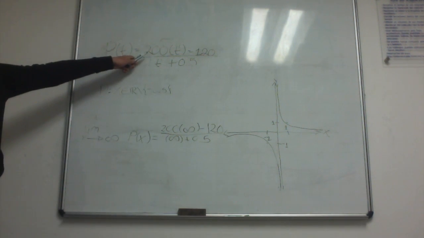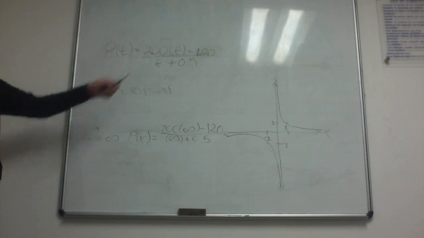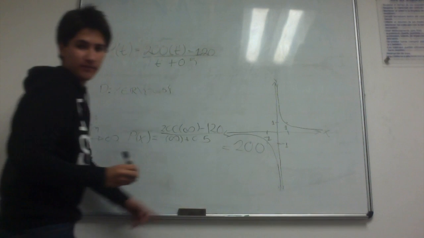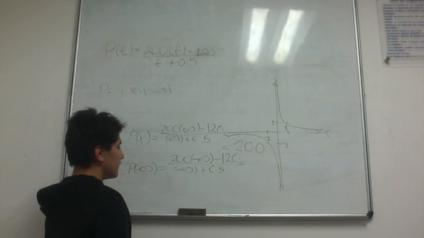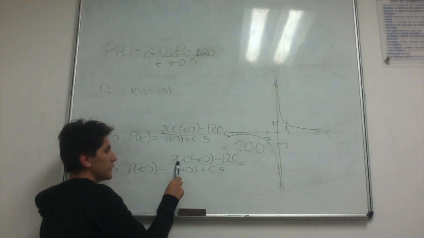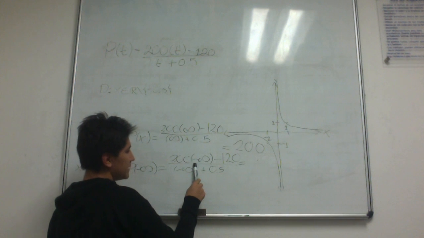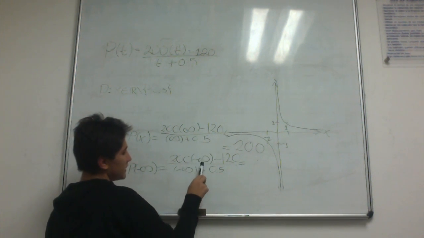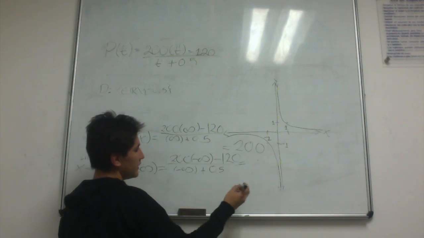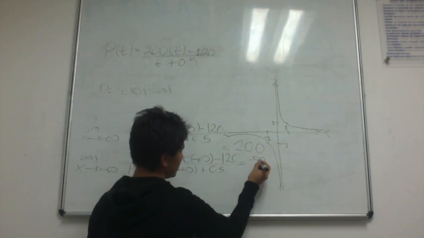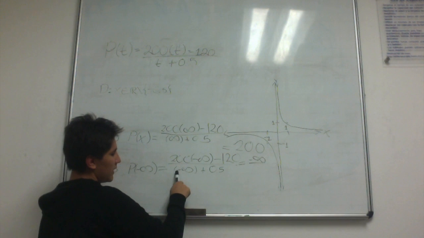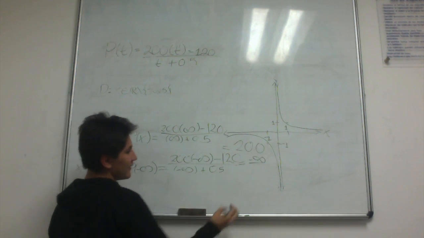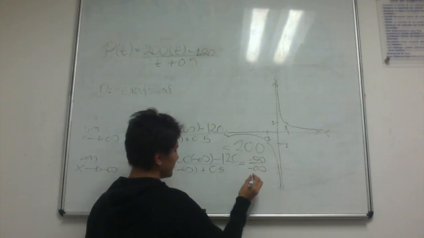Here we have the case of 200 over 1, which is 200. Now we evaluate as x approaches minus infinity: 200 times minus infinity is minus infinity, minus 120 is still minus infinity, over minus infinity plus 0.5 is still minus infinity.